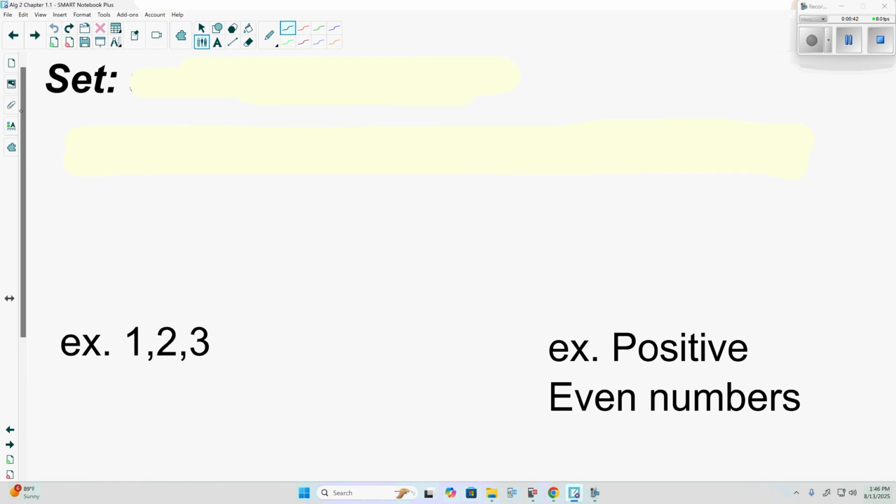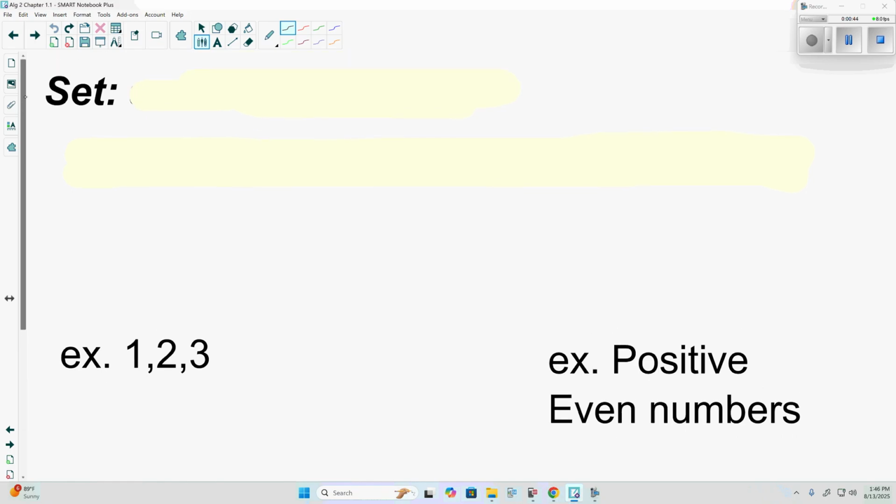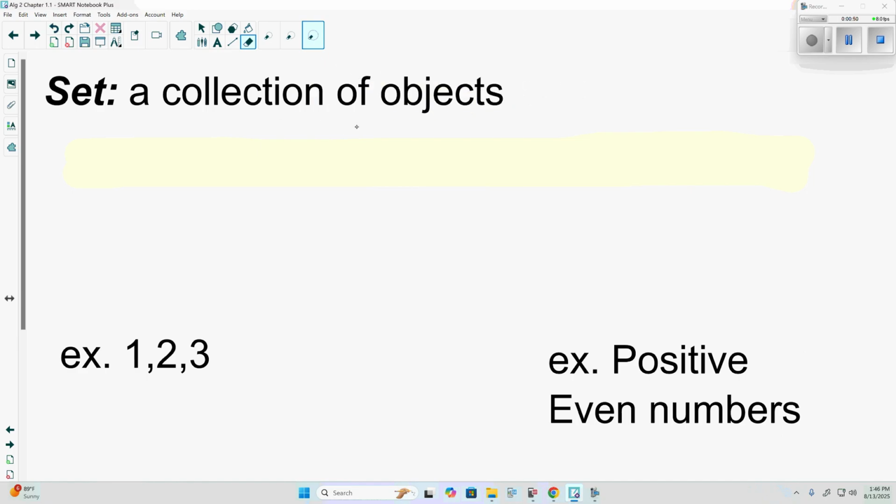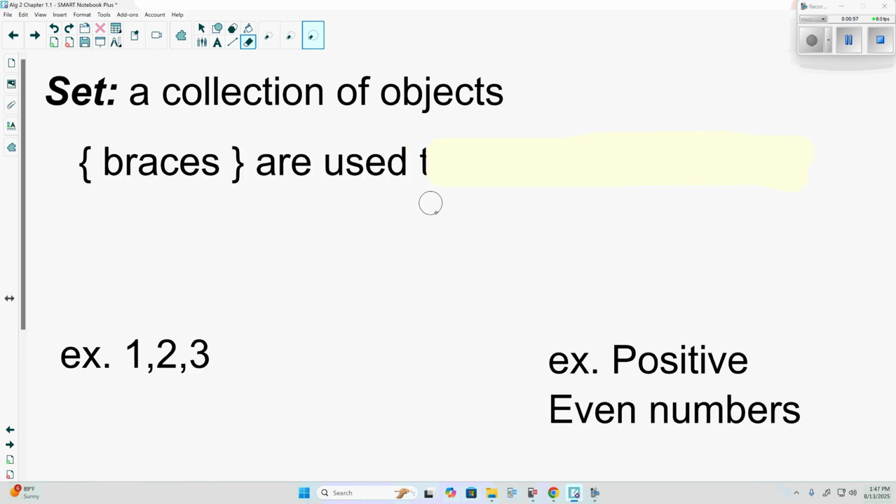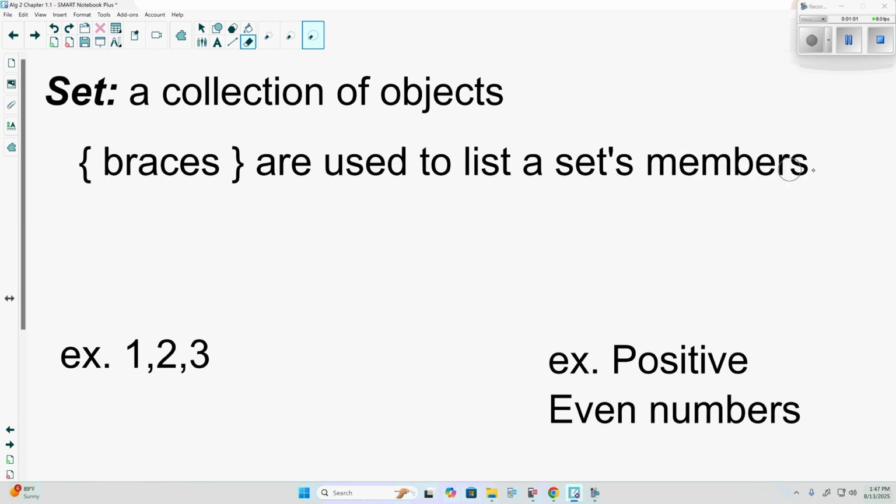Now, first thing we're going to talk about is sets, a set. Now, a set is a collection of objects. We normally use braces around whatever the list of set is, or a set's members.